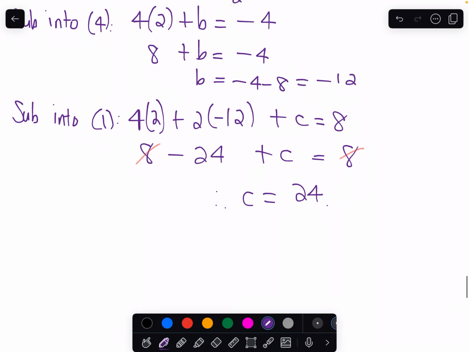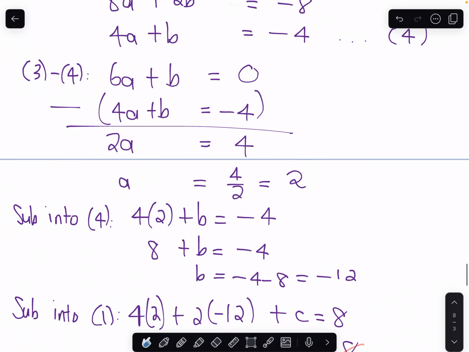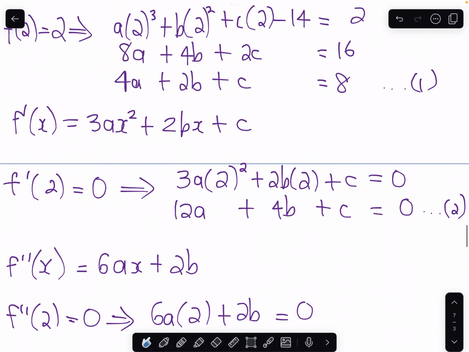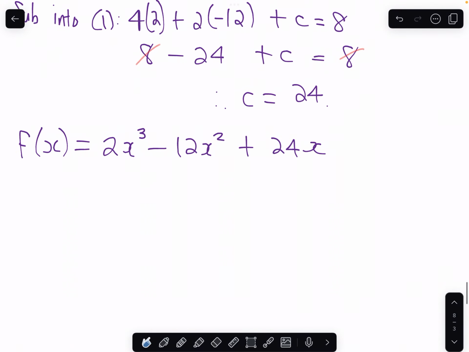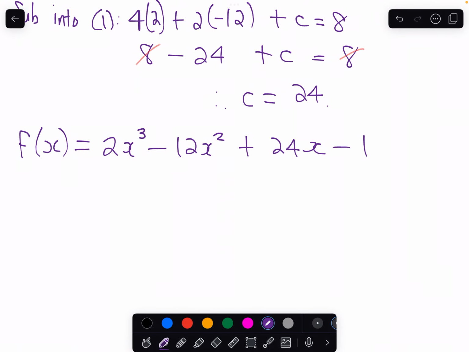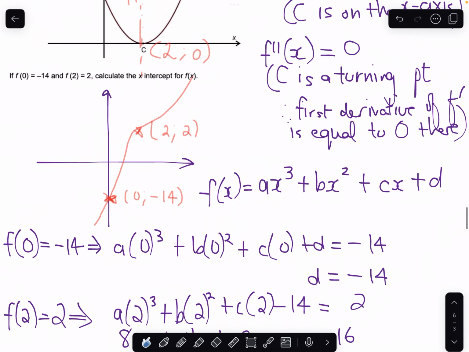So in total, f of x is equal to 2x cubed minus 12x squared plus 24x, and the d was negative 14, right? Yes, negative 14. Okay, and now what we want is the x-intercept.